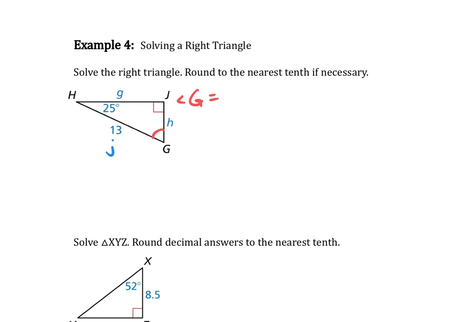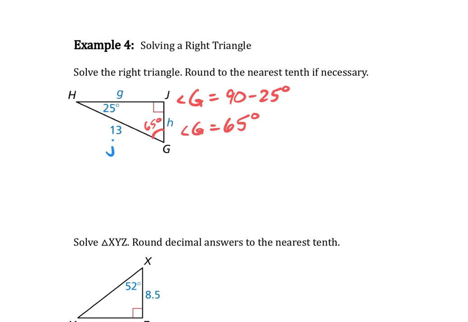So really simply, to find angle G here, all I got to do is take 90 minus 25. So angle G is 65 degrees. That's the easy one. And if you wanted to go ahead and label it, you could. So that's the first piece.